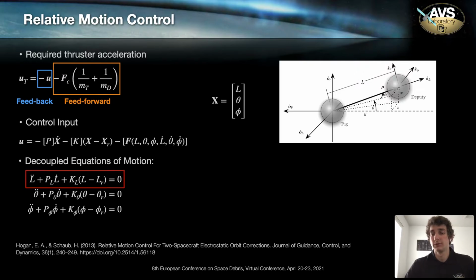We'll focus on the first of these equations, which describes the separation distance L between the two spacecraft. Now, we don't actually know the electrostatic force exactly. So if we misestimate the electrostatic force between the two spacecraft, the closed loop response will change as well due to the feed forward term.